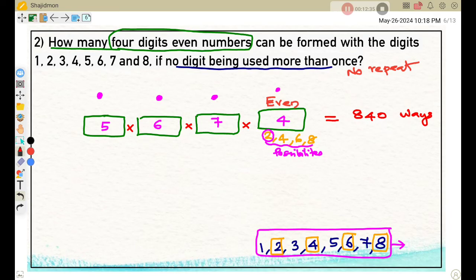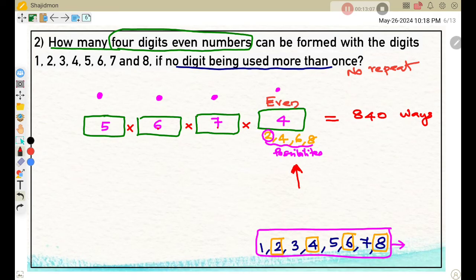Only the last digit has a restriction: only even numbers can be written there, and we have 4 even numbers given. One number we write at a time, so remaining 7 here, remaining 6 before, remaining 5 before. Multiply, and we get 840 ways. So 840 4-digit even numbers can be formed using the numbers 1 to 8.